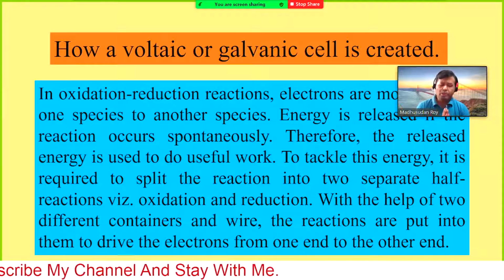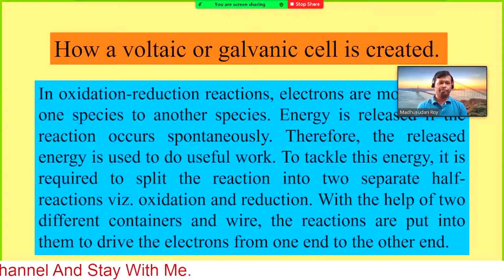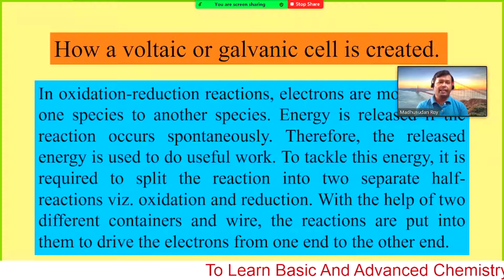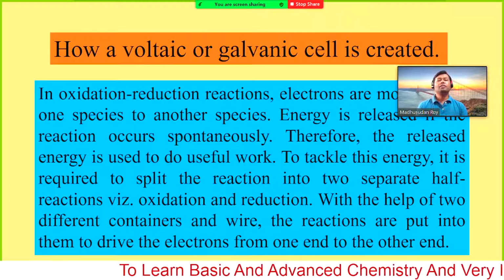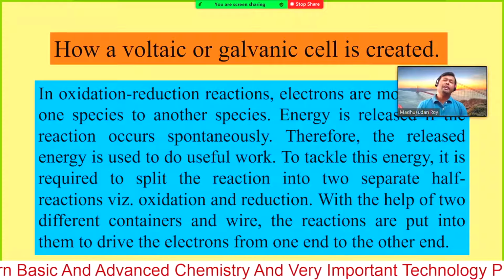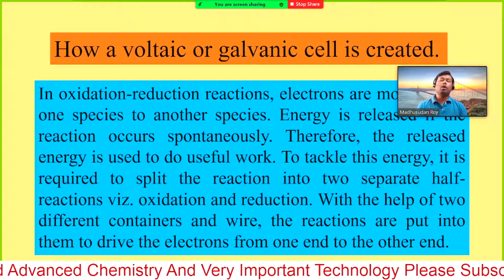In an oxidation reduction reaction, you are familiar with it. That means some electron is supplied, or some electron is donated or accepted. Any reaction we can consider like an oxidation reaction, because either it will be reduced or oxidized.